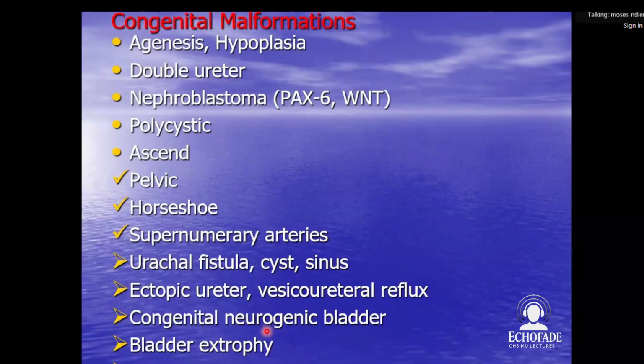Sometimes the urethral fold does not close completely, so there will be an opening either on the lower side or the upper side of the penis. So we have what is called hypospadia, if the opening is on the lower side, and epispadia, if it is on the upper side.